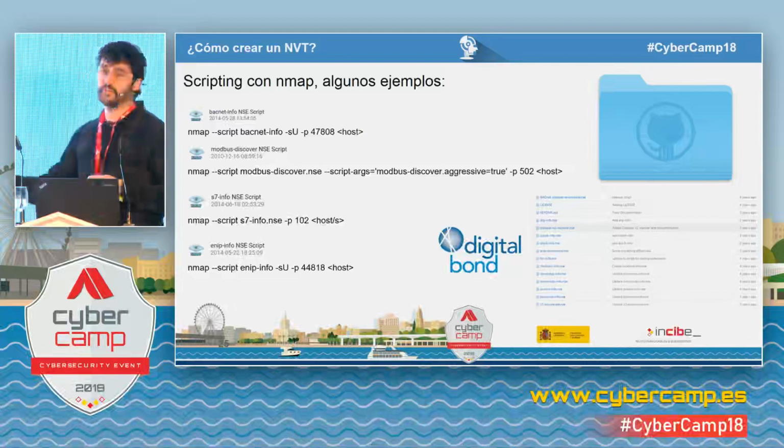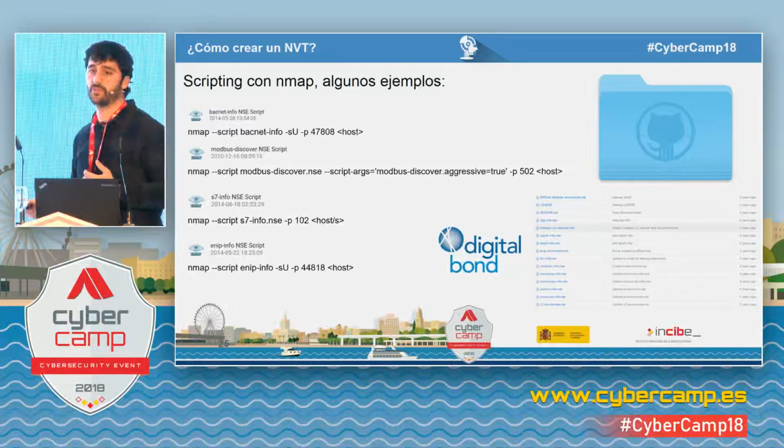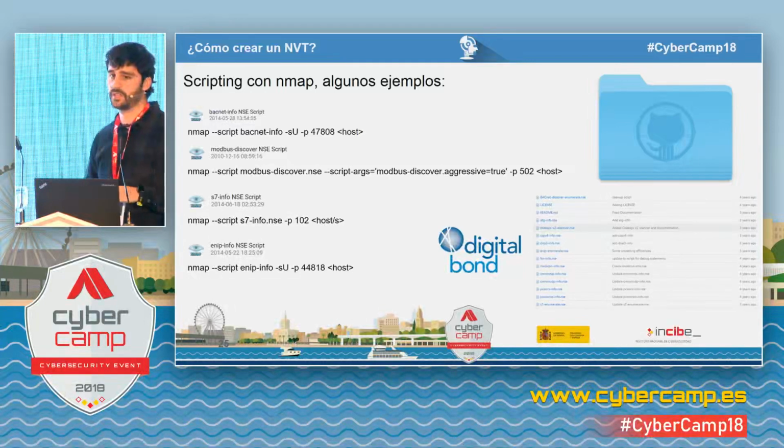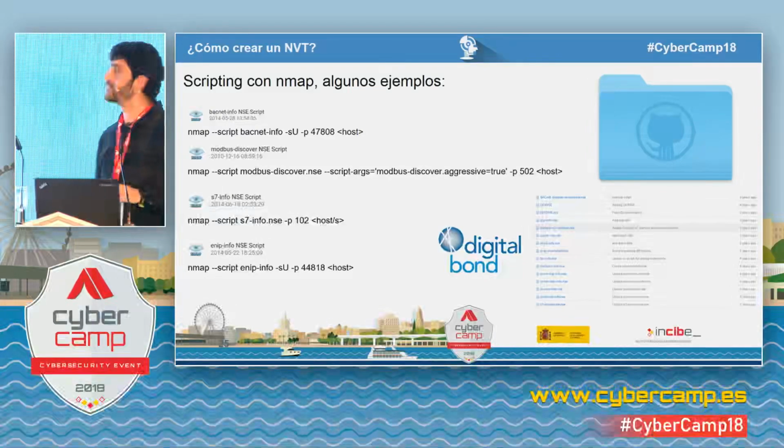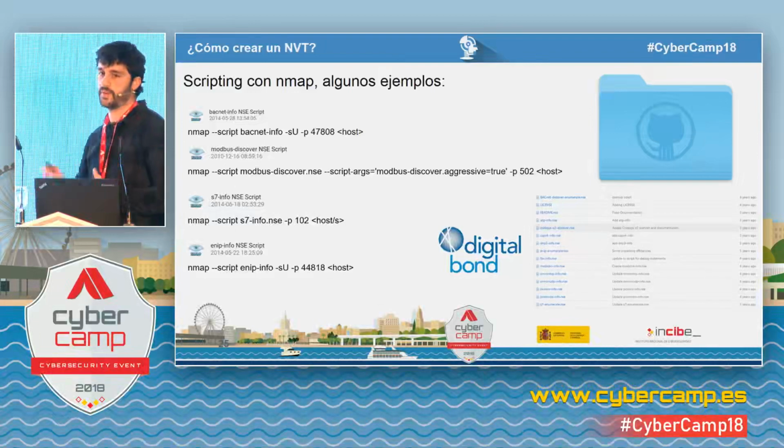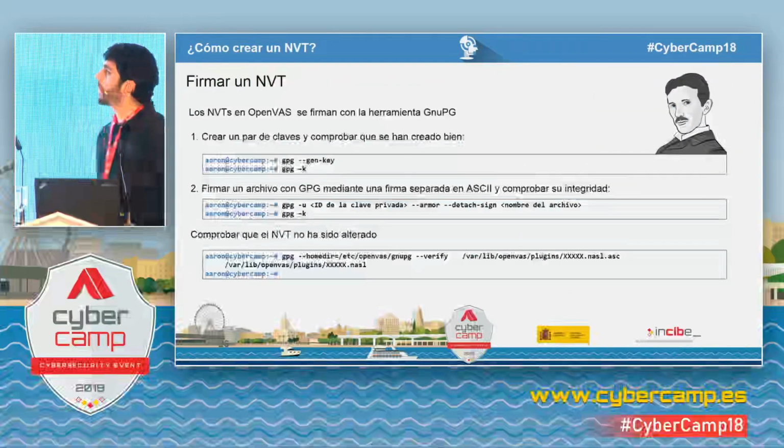This is a GitHub of Digital Bond, including these scripts as well as many others. You can play around with them. Go through Nmap, but be careful with where you go, because if it is a real industrial device, you may get into big trouble.